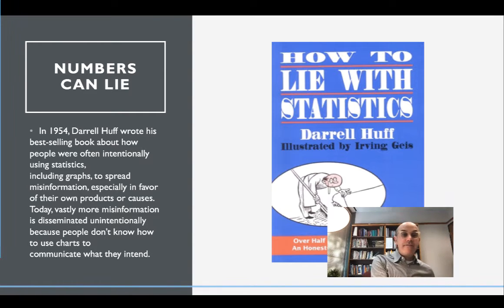I want to refer now to the idea that numbers can lie. In 1954, Huff wrote a book about how numbers can lie. And this is really important because part of the problem is people often use data and statistics for not a good reason, or for telling a lie and not telling the truth.